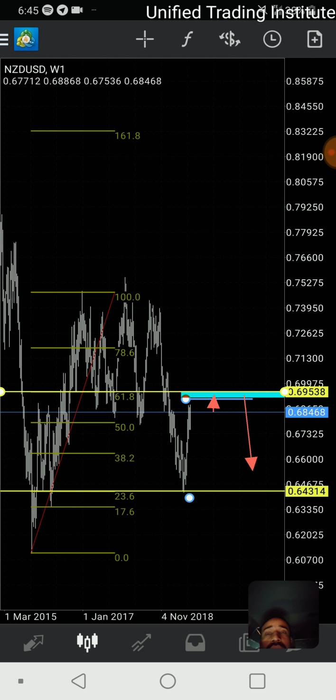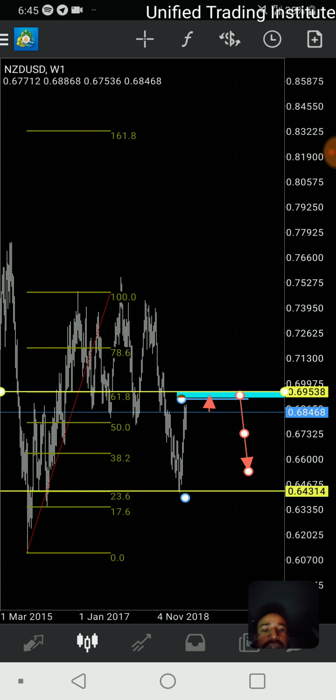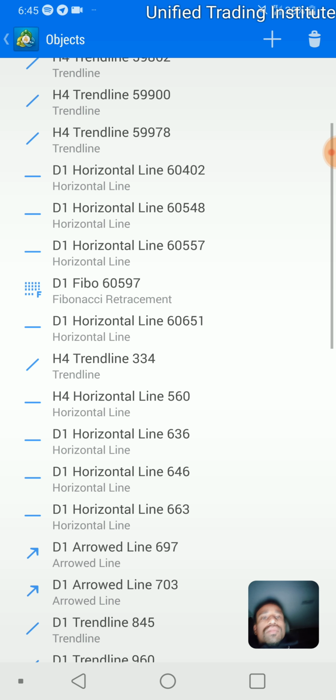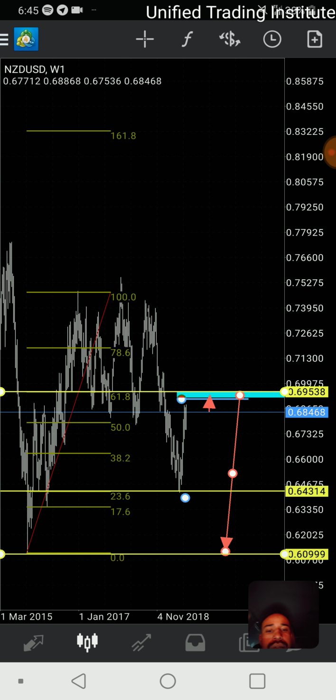Well, I'm going to say at least back down to this previous low right here. At least to that previous low. What was that? 6.0 something? Go down in here. This is where my take profit is going to be. The take profit will probably be back at that 23 level again, and then 0.